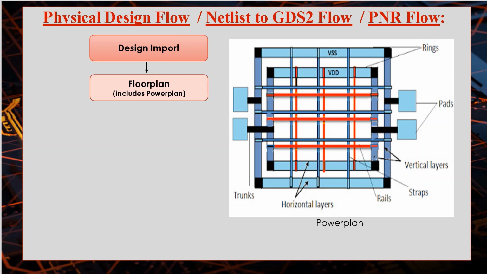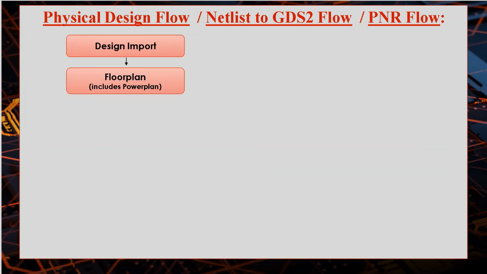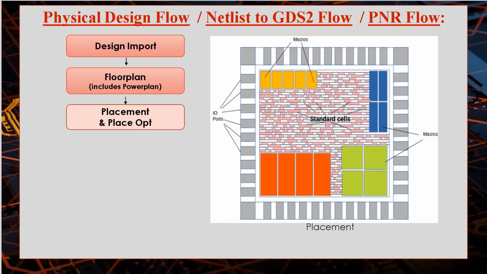Now the next stage in the PD flow is the placement stage. In this stage, the placement of standard cells in the core area is done by the tool. The standard cells are very tiny and number in the thousands, so it is not possible to place them manually.